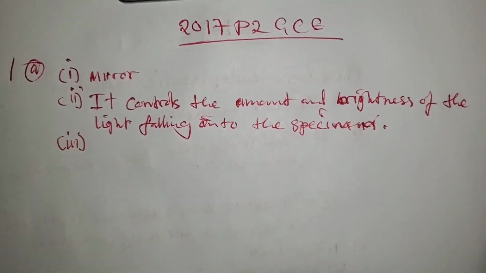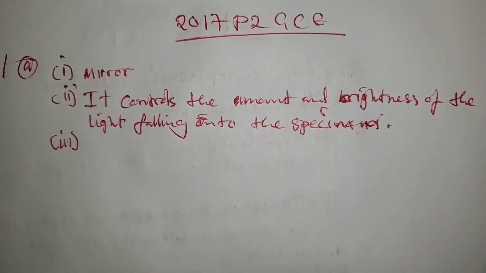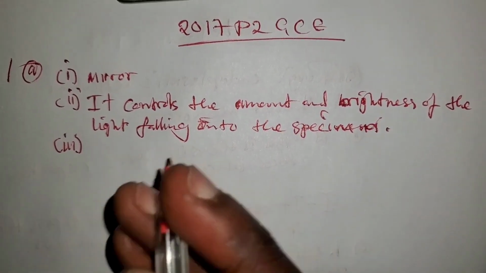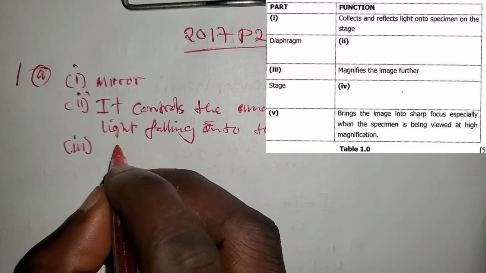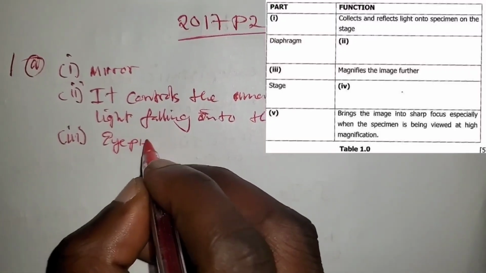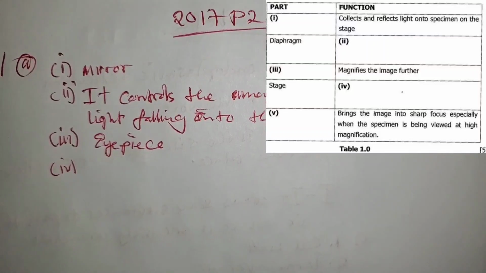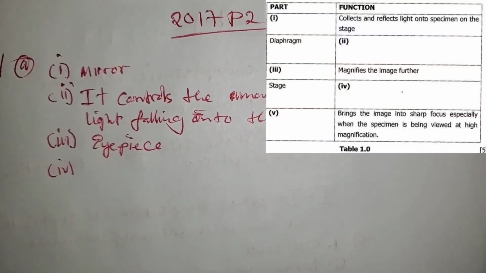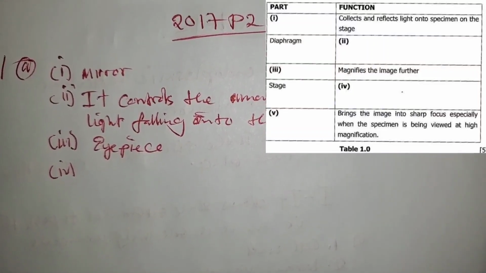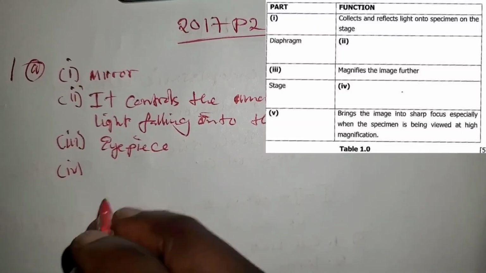Number 3, which part of the microscope magnifies the image further? This is the eyepiece. Number 4, the stage. What is the function of the stage?